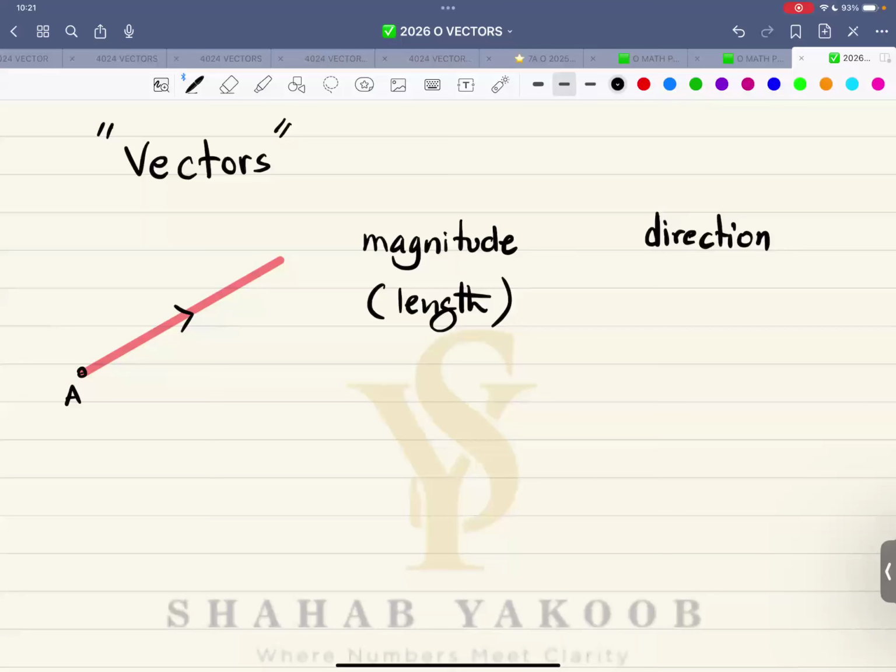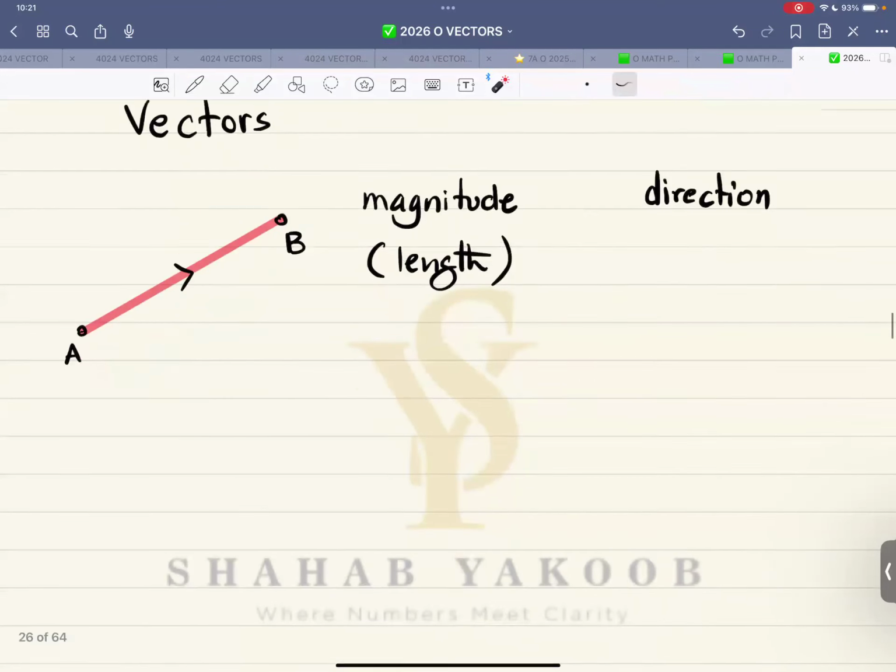For example, if this point is A, this point is B, this vector tells you that you have to travel from A all the way to B, in the direction of the arrow. And if you want to break it down, you can break it in terms of horizontal and vertical.